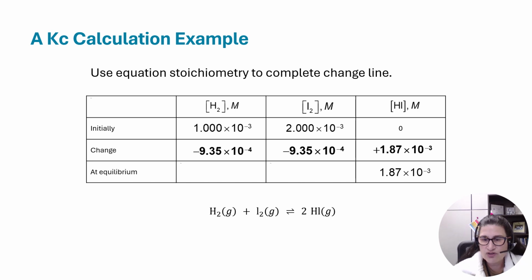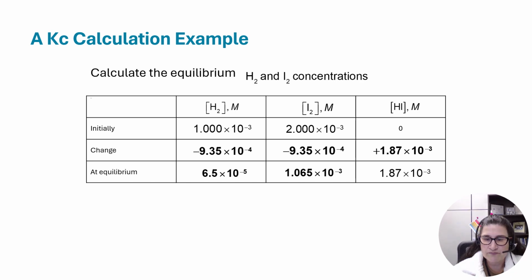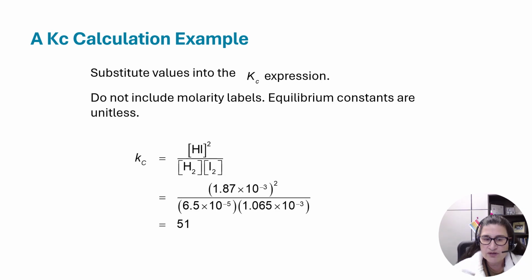So they get the same change, but it's cut in half because they don't have the same coefficient. So now we would do 1 minus this to get the equilibrium and 2 minus this to get my next equilibrium. So now I have all of my equilibrium concentrations, and I can plug them into my equilibrium expression and find my equilibrium constant.